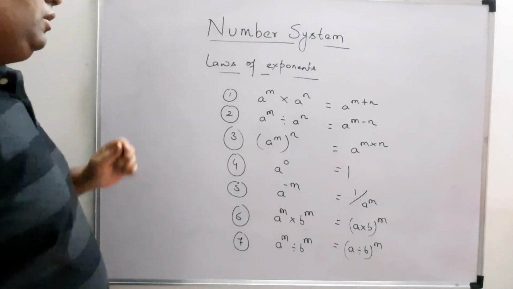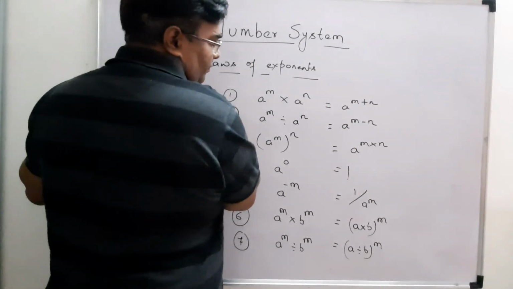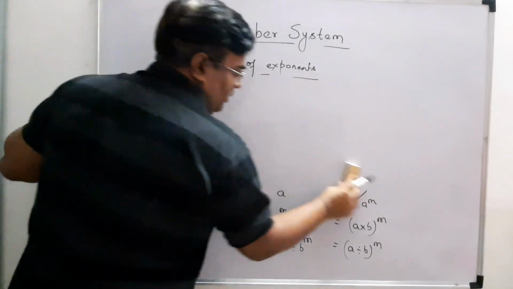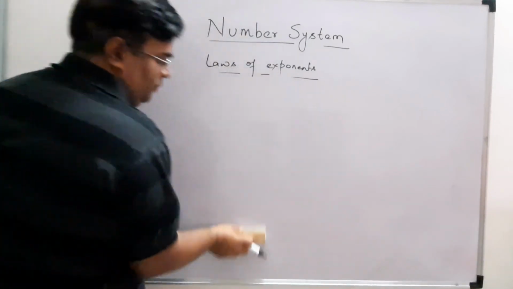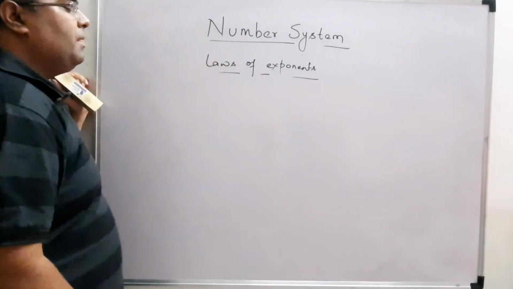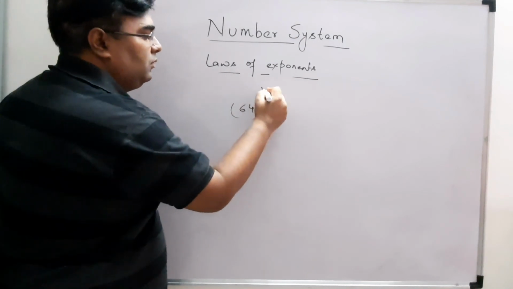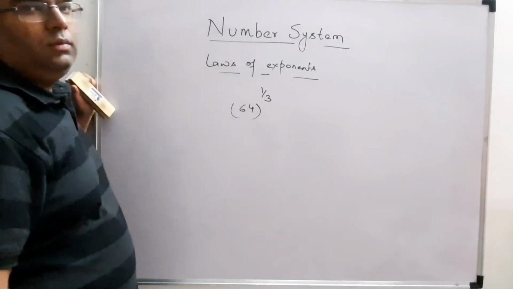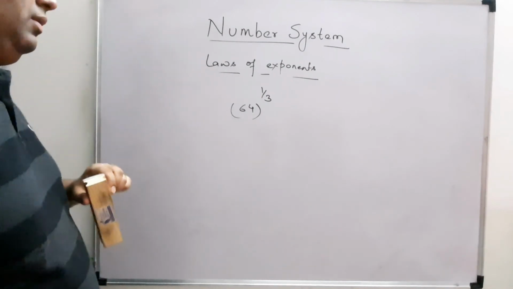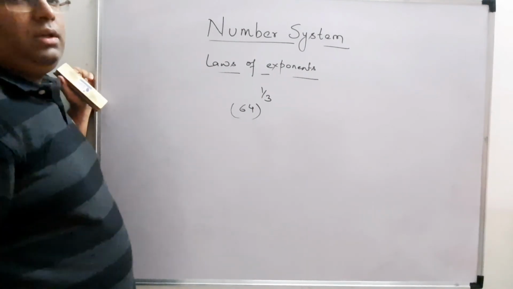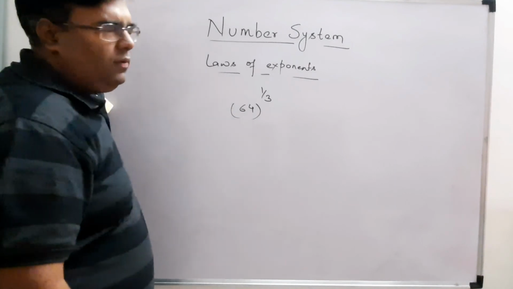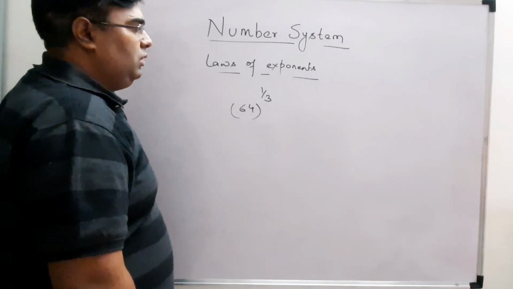Okay, now let us take an example. Suppose the question is given as find the value of 64 raised to 1/3. Okay, we know that 64 is the cube of 4. But how to solve it?